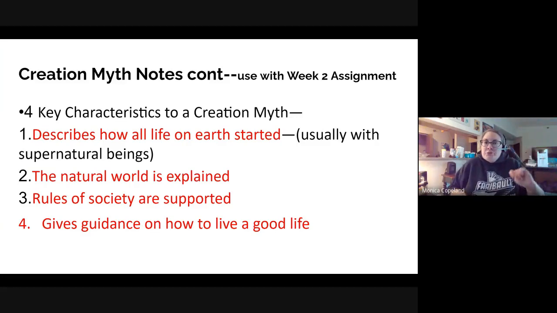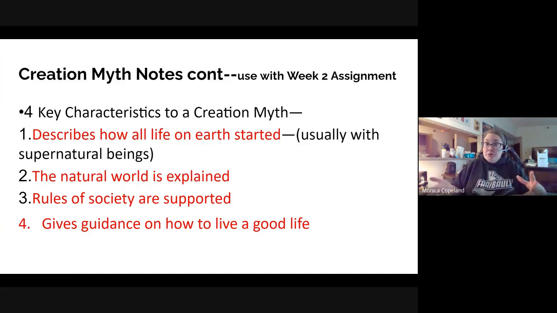So there's 4 characteristics to a creation myth. First one, it describes how all life on Earth started, usually with supernatural beings involved, like gods, goddesses, that sort of thing. Second key characteristic, the natural world is explained by these stories. So how did lightning happen? Why do we have clouds? Those stories have elements of that. Third, the rules of society are supported. So the kind of rules like be kind to one another, you should have a balanced life.